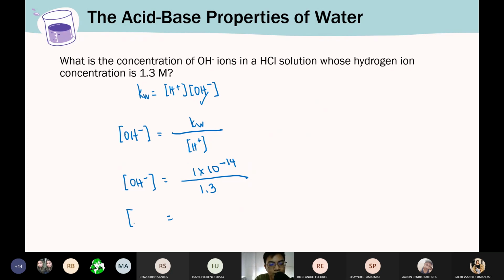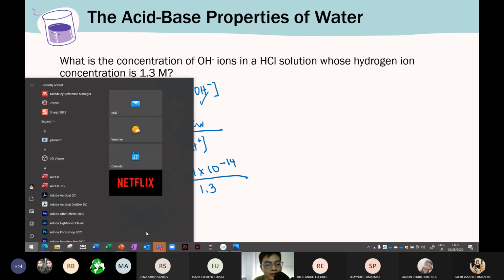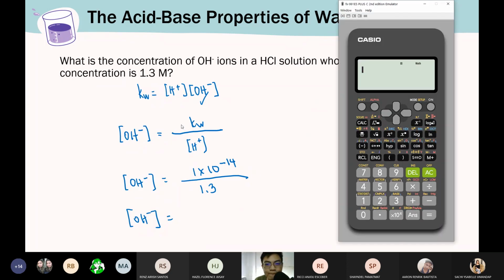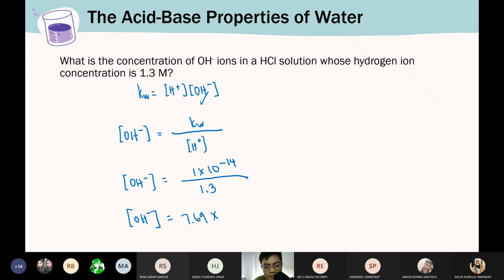Okay, so we can just simply divide it so that we can find the concentration of OH. Okay, buksan ko lang calculator. 1 times 10 negative 14, divided by 1.3. So, ito yung concentration ng OH, no? Okay. So, the concentration of OH is 7.69 times 10 raised to negative 15.